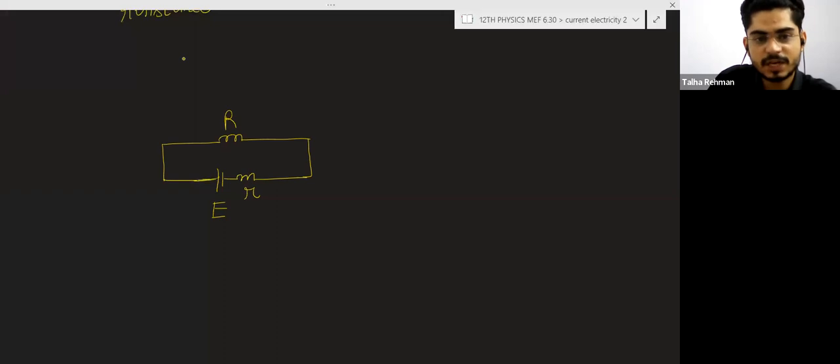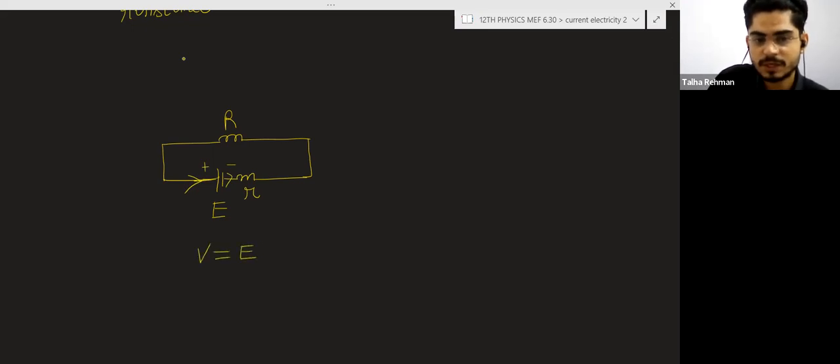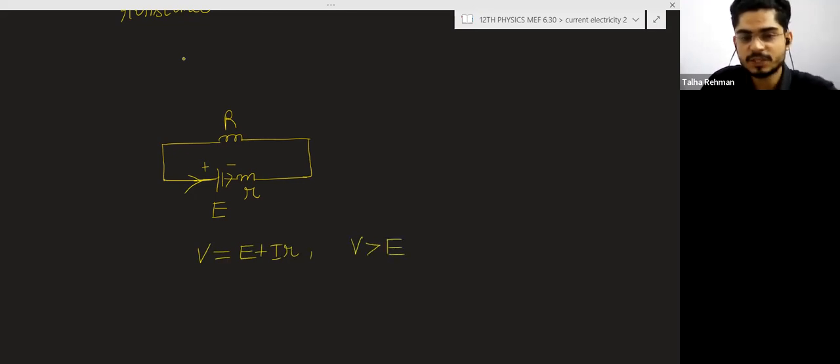In the charging condition the flow of current is opposite, the current flows from negative to positive, and what we have written is V equals E plus IR. So now you can say this time the terminal potential is greater than the EMF. Here terminal potential is greater than EMF during charging of the cell.